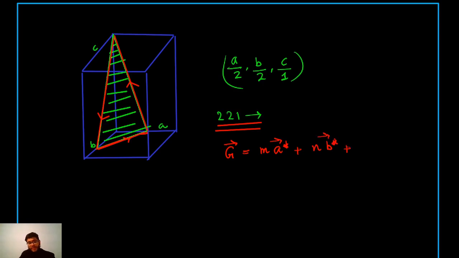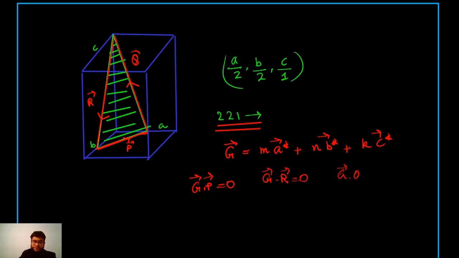So m, n, let's say k, correct? So a star, b star, c star are the lattice vectors of the reciprocal lattice. And so let us do one thing. If, for example, this is vector p, this is vector q, this is vector r, what we want is g dot p equals 0, g dot r equals 0, and also g dot q equals 0.